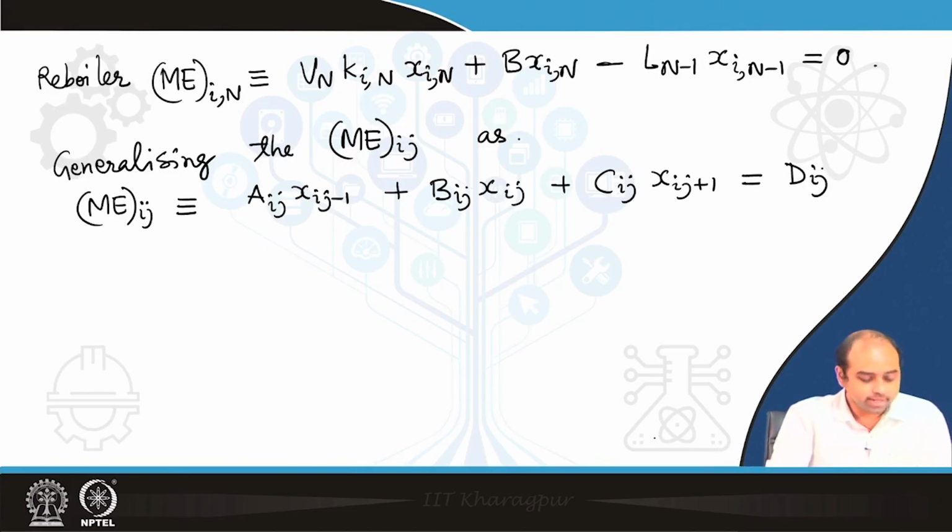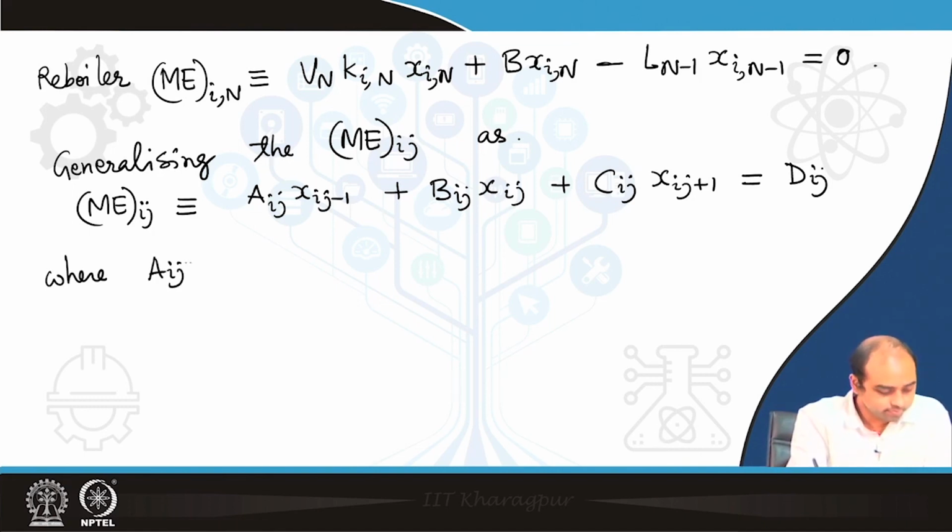So if I compare the coefficients, I can write Aij as Lj minus 1, isn't it?